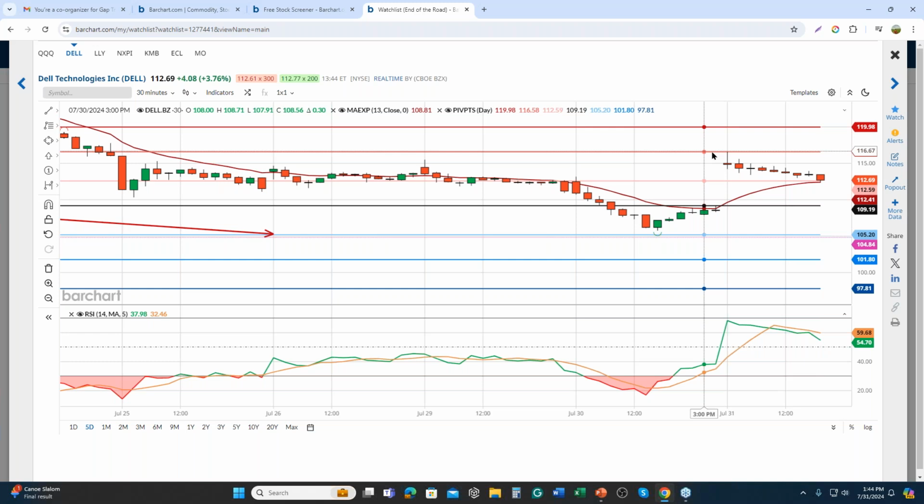And you can see today that Dell had a big, strong opening, but it rallied right into resistance based on floor pivots. And then the 13 EMA is an intraday moving average. And so maybe you're waiting for confirmation for you to break this 13 EMA, and that might be your confirmational entry.